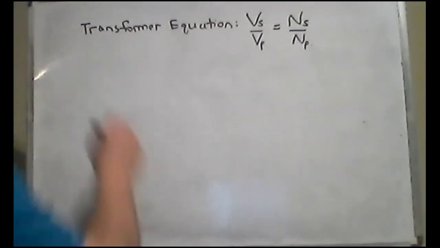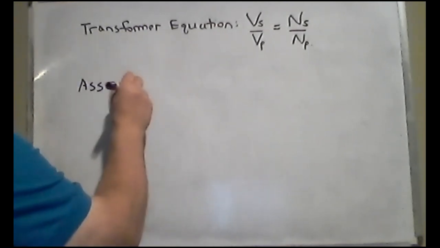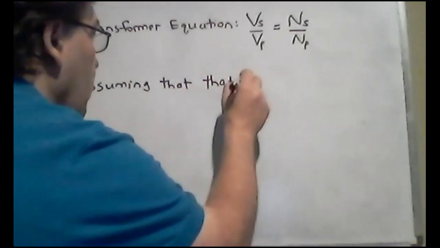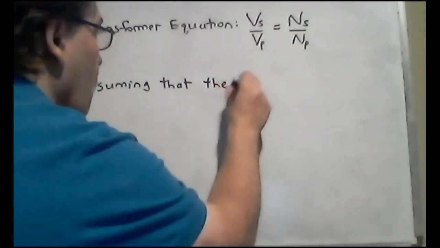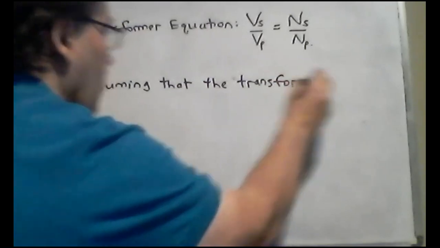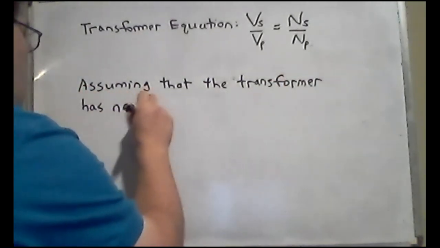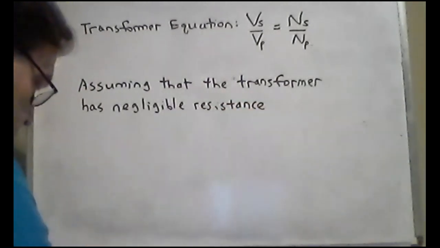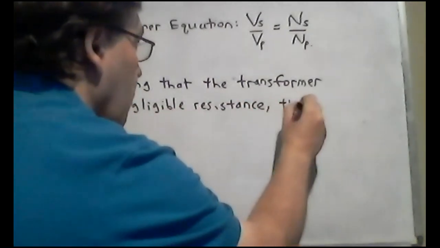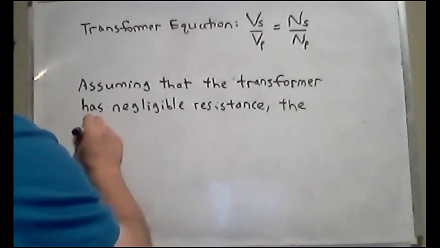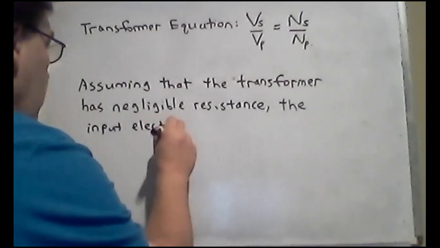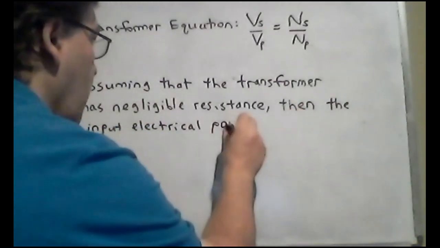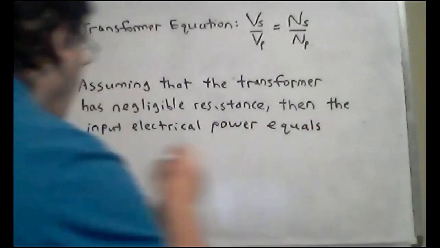Assuming that the transformer has negligible resistance, then the input electrical power equals the output electrical power.